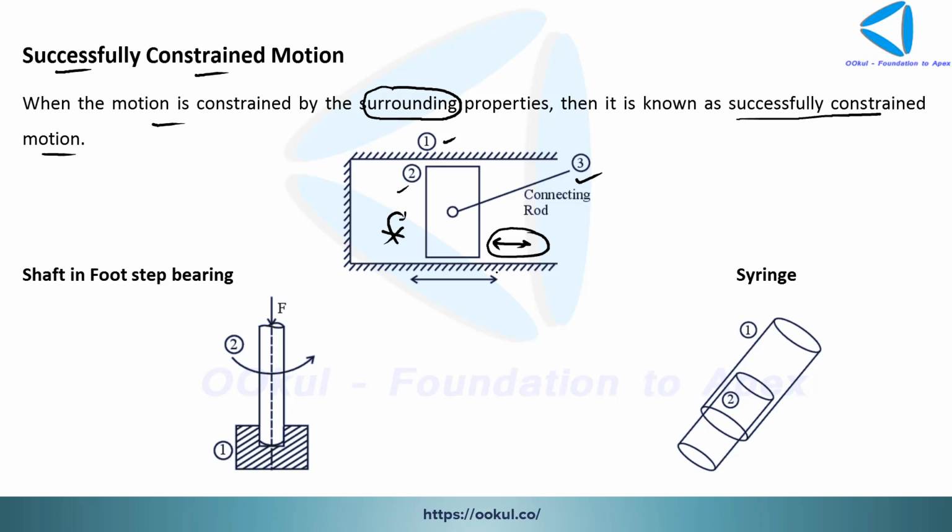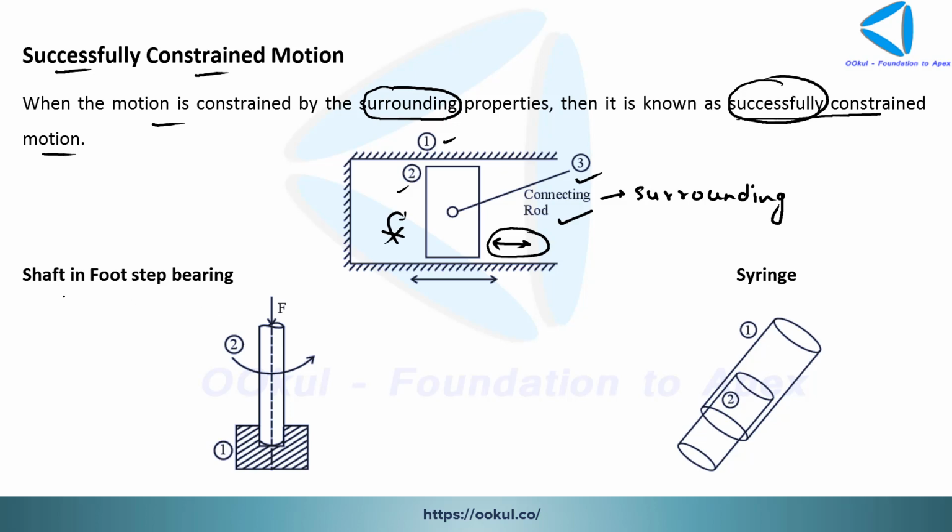Okay, so now the motion has been constrained, and the motion has been constrained by the connecting rod, which acts as the surrounding for this piston cylinder arrangement. So we will say that this sort of a constrained motion is your successfully constrained motion. Okay, समझ गए सब? चलिए आगे बढ़ते हैं.